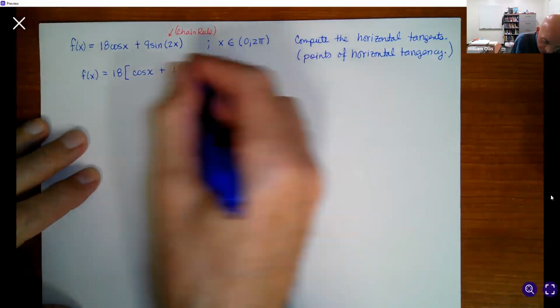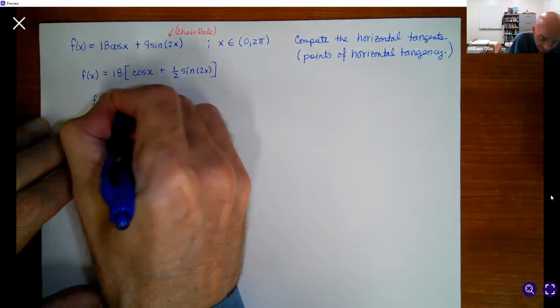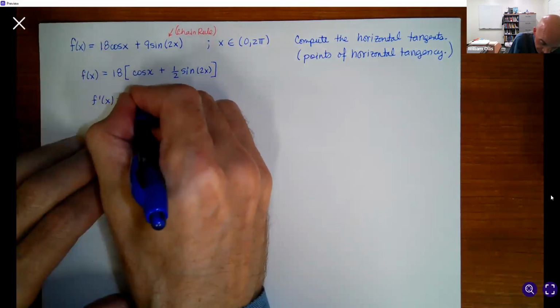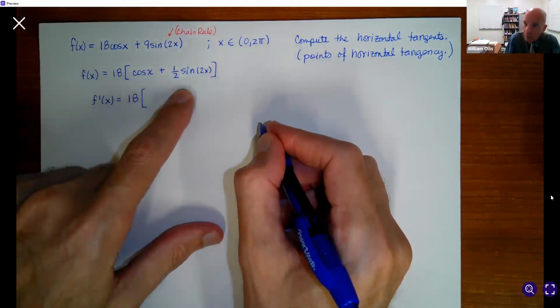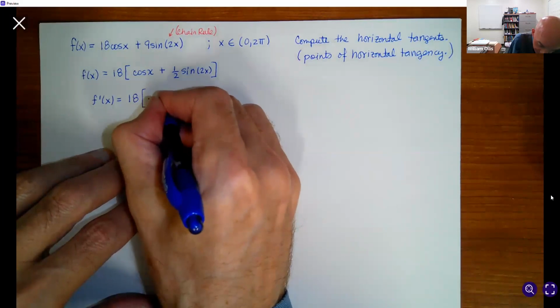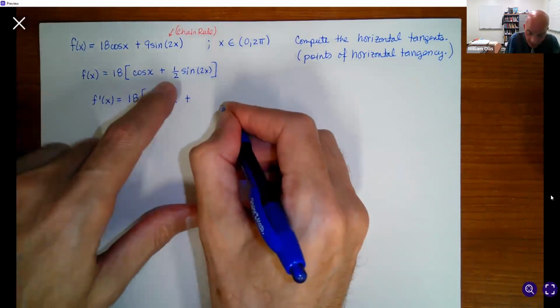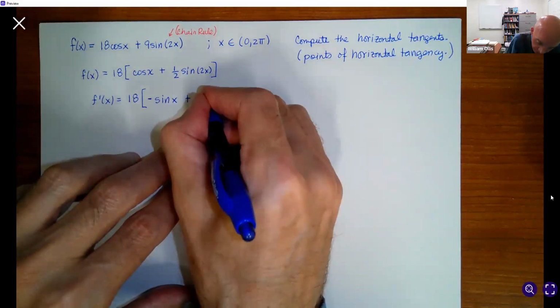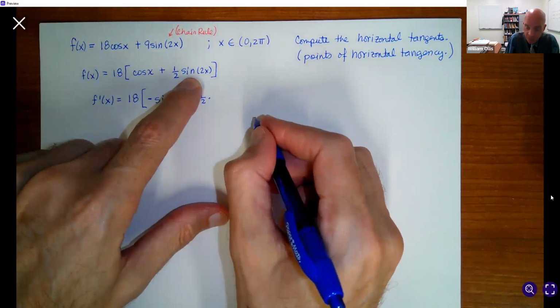So we factored this, and so now f prime of x, we just have the 18 and we just differentiate what's inside just using our knowledge of derivatives. The derivative of cosine is the negative sine. And then we can apply the linearity with the 1/2 here. Just put the 1/2 to the side. Multiply by the derivative of sine, which is cosine.